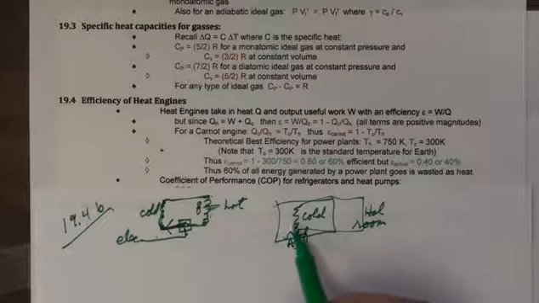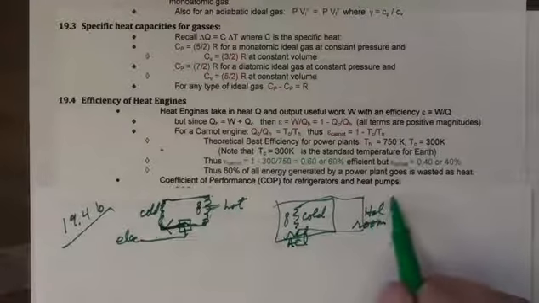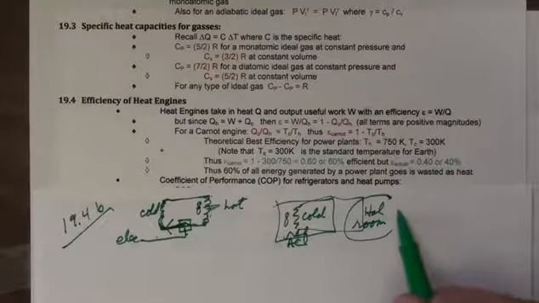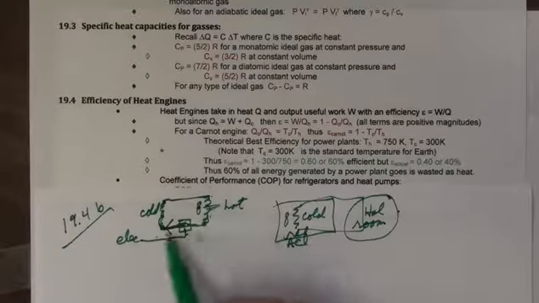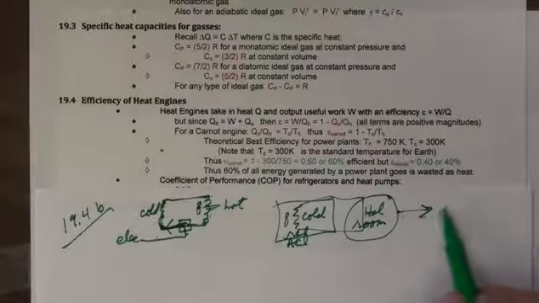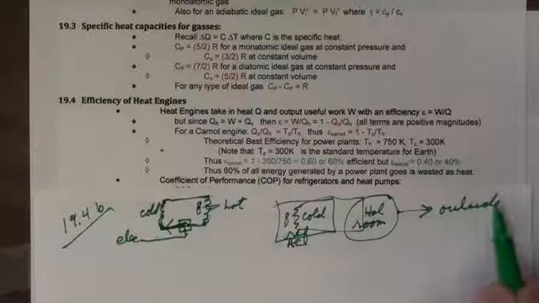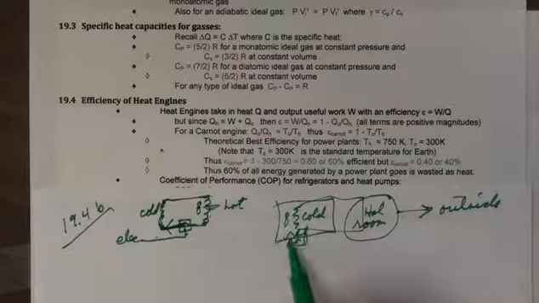So what we do is we pass a fan over this, run the cold air out into the room, but we want to take this hot part, and this is then called a heat pump because it's pumping heat from one place to another. We put this outside. And we put these coils inside.